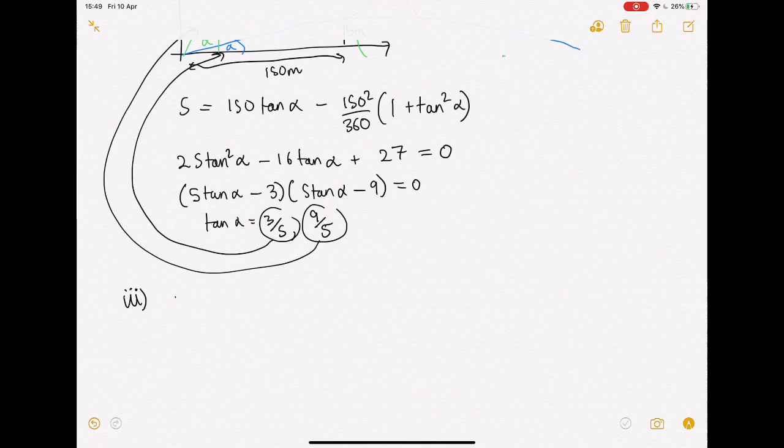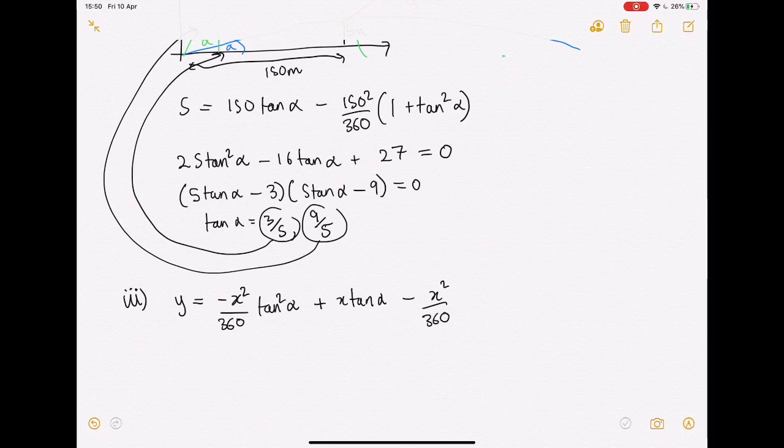So that quadratic equation is y equals minus x squared over 360 tan squared alpha plus x tan alpha minus x squared over 360.